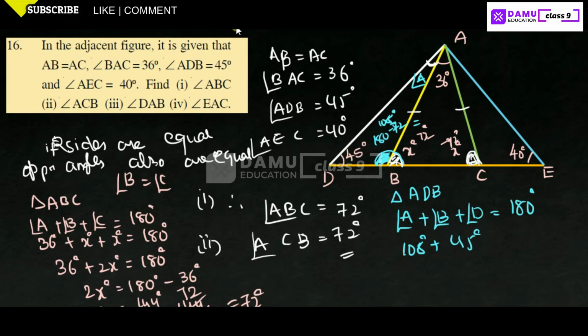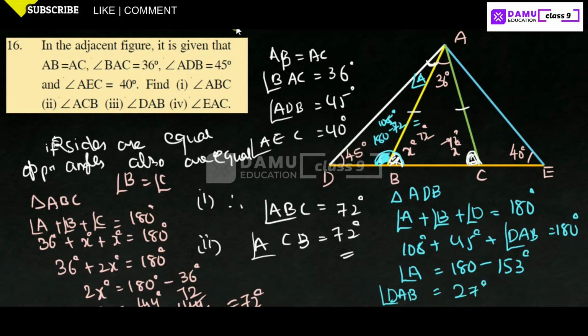So angle DAB is 180 minus (108 plus 45). 108 plus 45 will be equal to 153 degrees. So 180 minus 153 will be equal to 27 degrees. So angle DAB will be equal to 27 degrees.